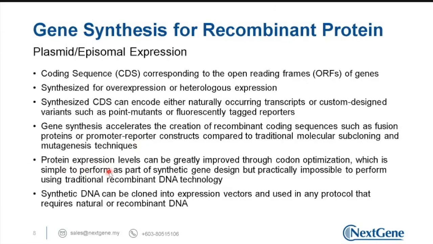Protein expression level can be greatly improved through codon optimization, which is simple to perform as part of the synthetic gene design, but practically impossible to perform using traditional recombinant DNA technology. Synthetic DNA can be cloned into expression vectors and used in any protocol that requires natural or recombinant DNA.